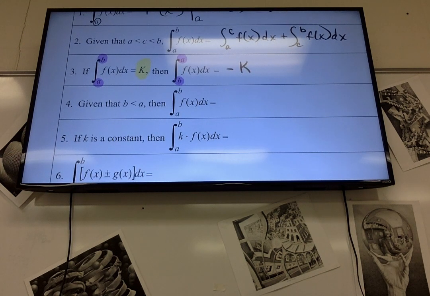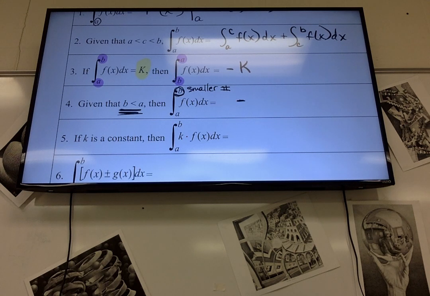It's the same thing here. If you end up going from higher to the lower, so it's saying if b is the smaller number, that's what b is less than a, that's what that would be, then that just means it's the opposite.